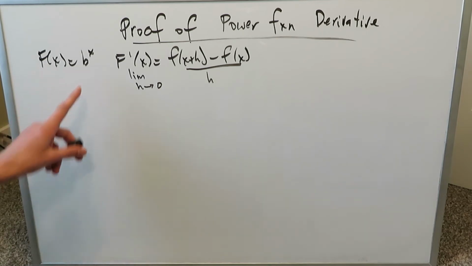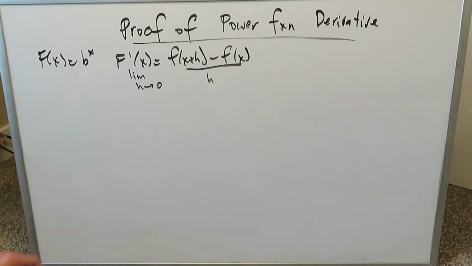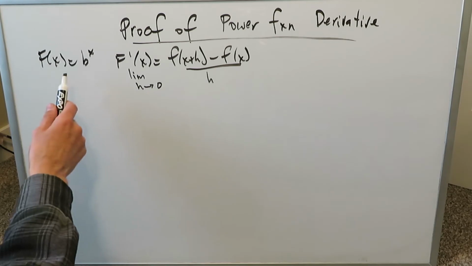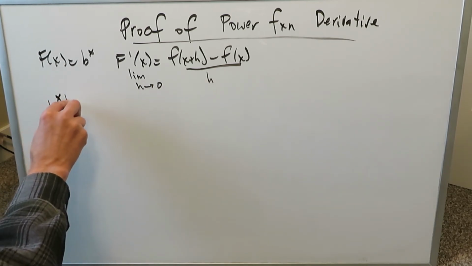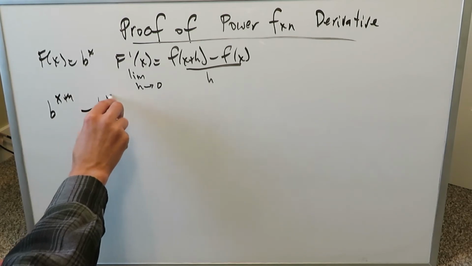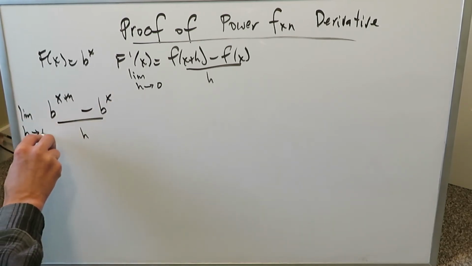If f of x is equal to b to the x and we're trying to determine and prove the derivative of that, we will utilize the basic definition of a derivative, which depends on this limit technique. Everything will fall into that. You'll have b to the x plus h minus b to the x over h, with a limit sitting outside as h approaches 0.